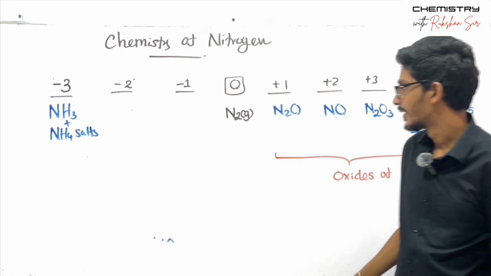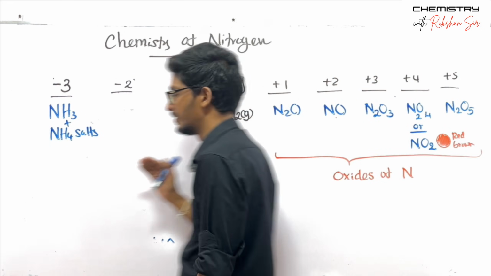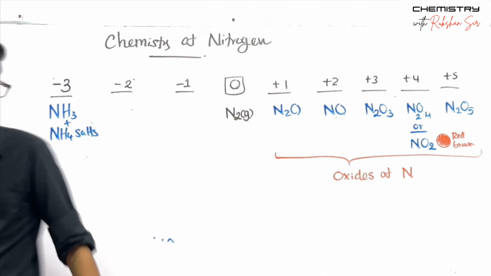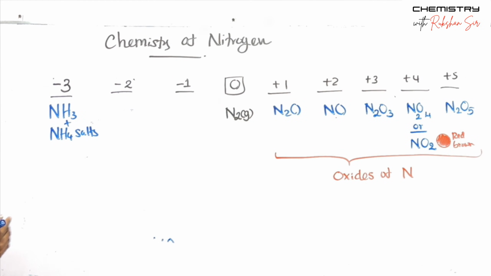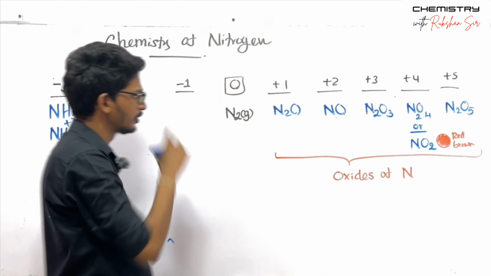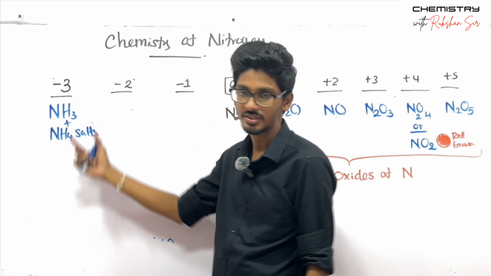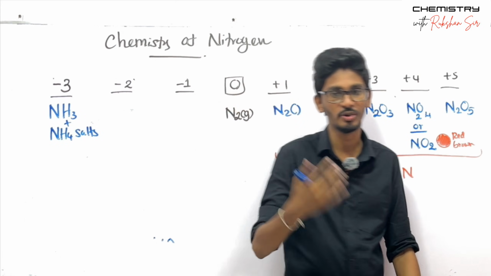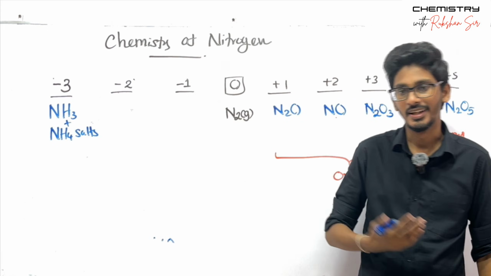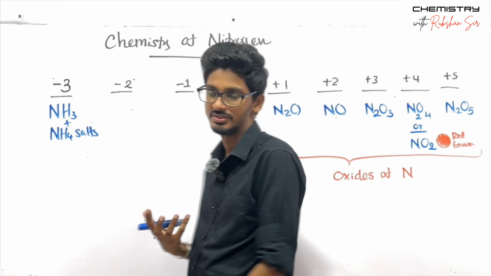So with the oxidation states we have discussed up to now, there is actually not much to study. For positive oxidation states, you can come up with the oxides, and for the -3 state, you can write the most common compound of nitrogen.